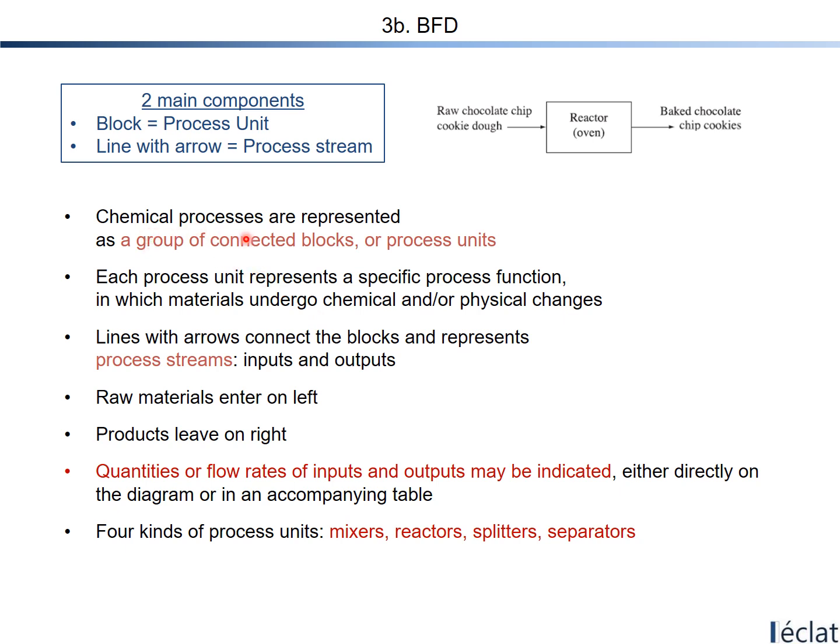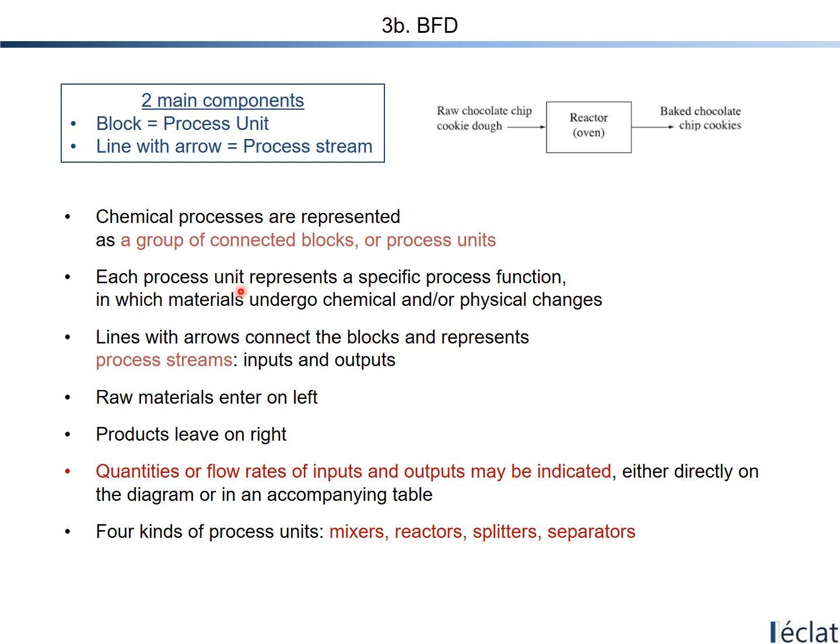So chemical processes are represented as a group. I have said group means a multiple number. A group of connected blocks or process units. I have emphasized the units for the block flow diagram because the block flow diagram is at the level of a unit.